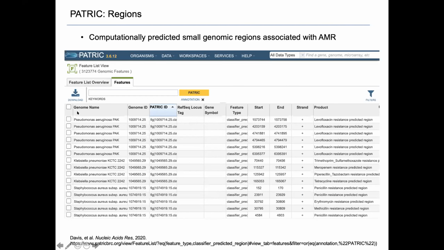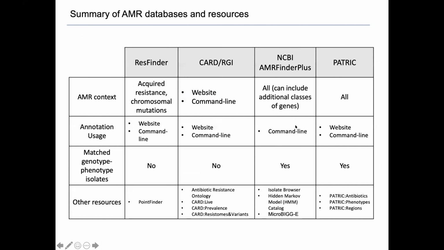And so this is just a screenshot of the PATRIC regions resource, where you have the genome name, the IDs, that it is a classifier prediction, where you can find it within a particular genome, and then what it is predicted to do.